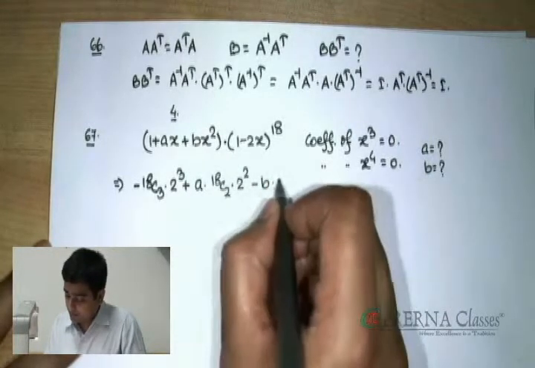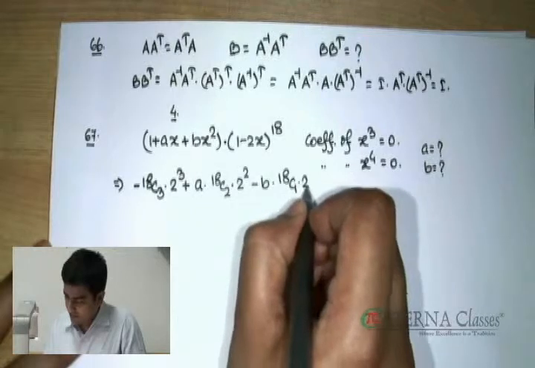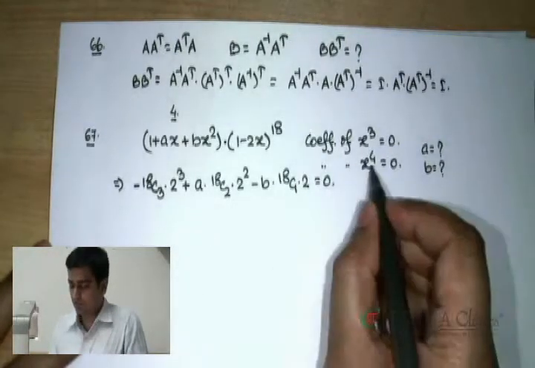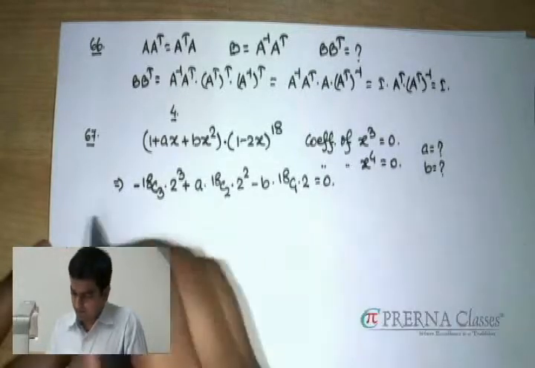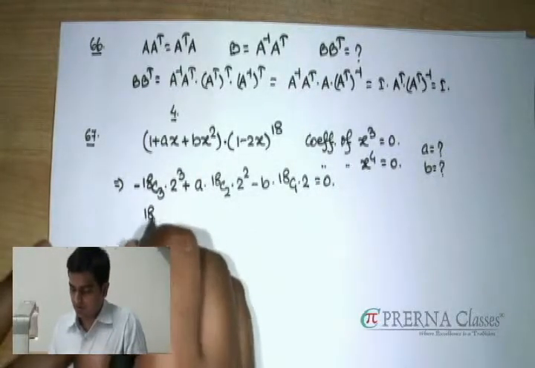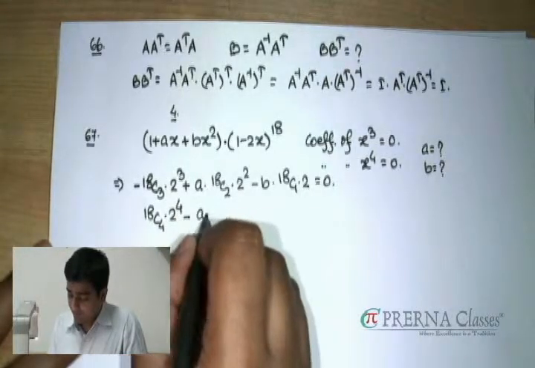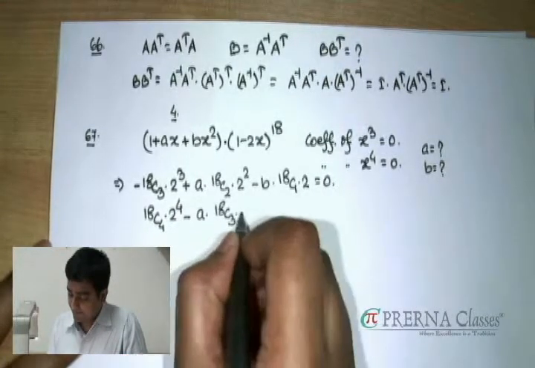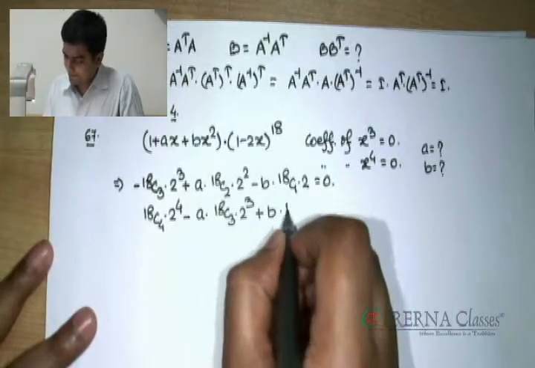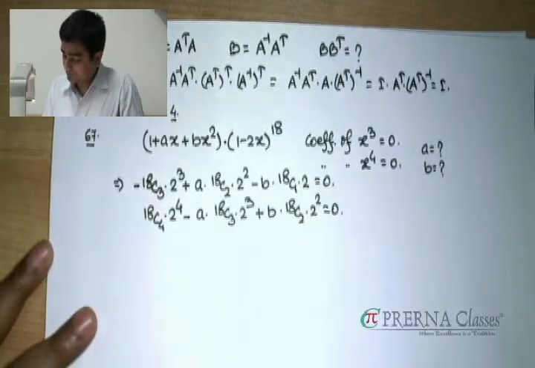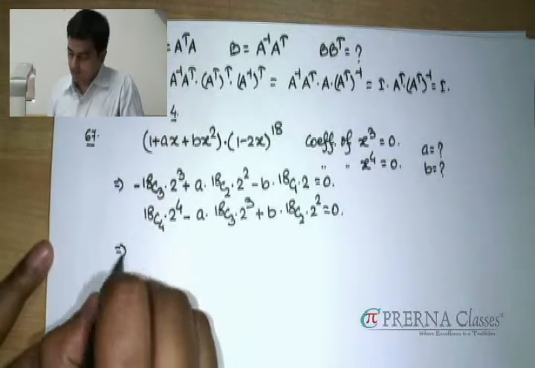Then in the third term, similarly, we should be getting this result equal to 0. This is what is given to you as 0. Similarly, if I manage the coefficient of x to the power 4 and make it 0, we should end up getting this result equal to 0.